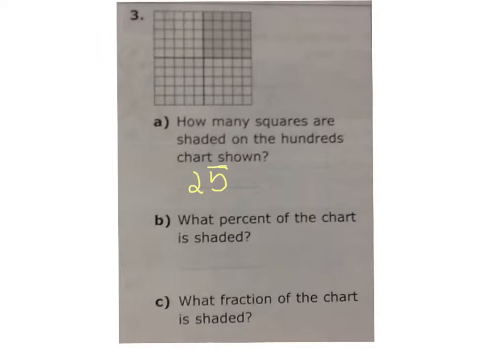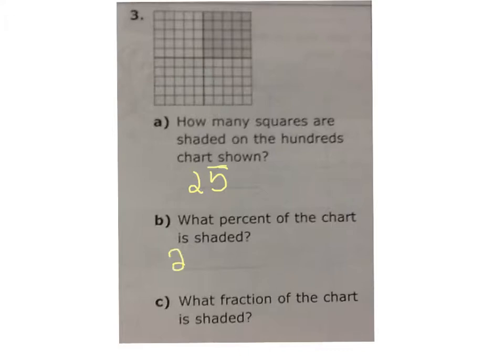25 of the squares are shaded, which leads us into the next question. So, what percent of the chart is shaded? And the percent will be 25% because you have 25 out of the 100. Or you can say 1/4, but we don't say I have 1/4%.